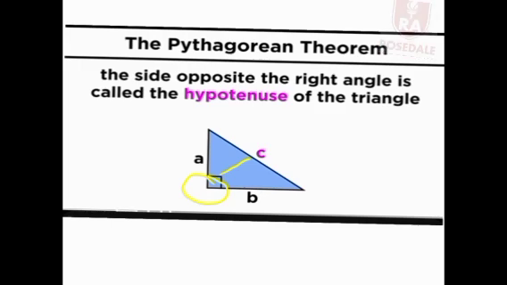One of the legs is called the adjacent. The second leg is called the opposite. And this one is called the hypotenuse.